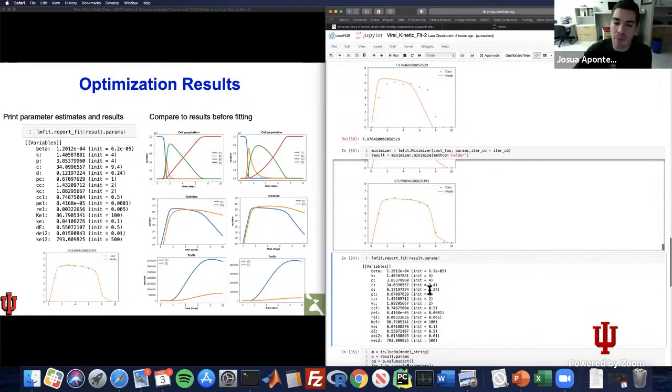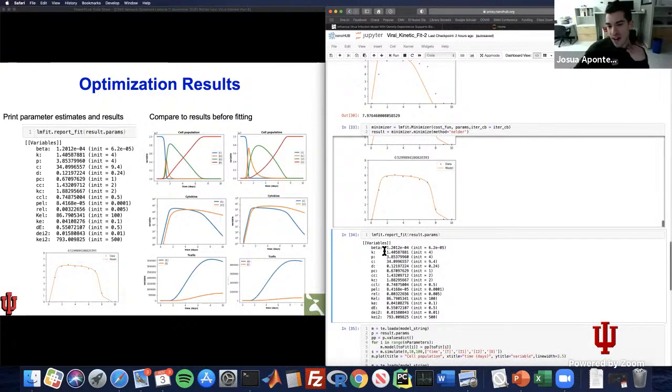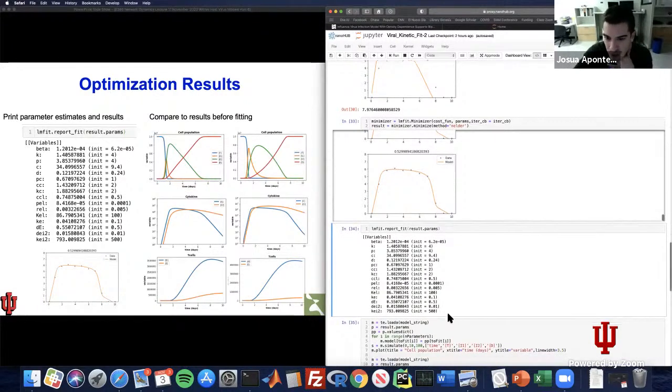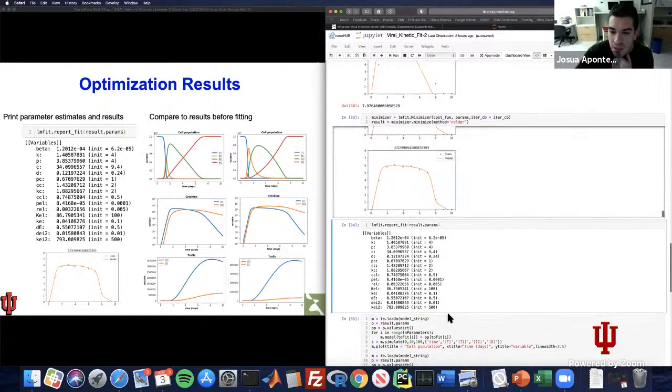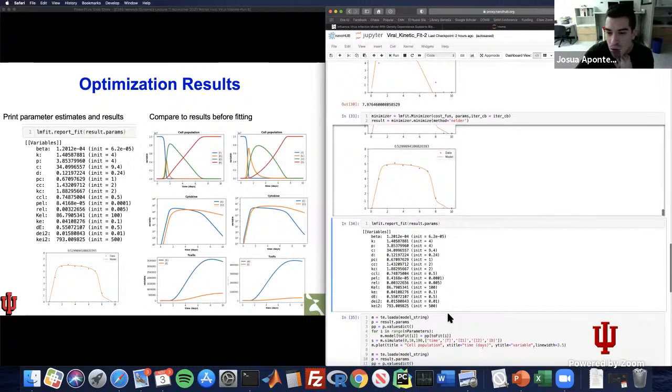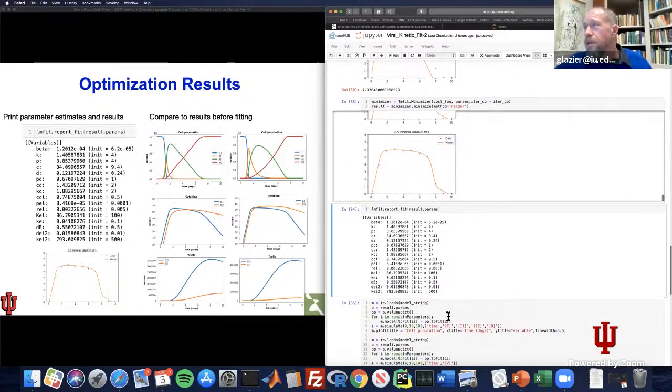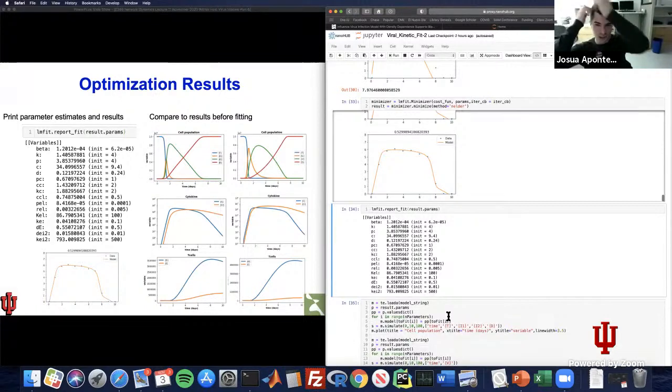And then the wrapper, which is called LMFit, is going to report the values of the parameters and your initial guesses. Let's compare them. Our beta value was much smaller, at least an order of magnitude smaller. The decay of the virus was small. Beta is only off by a factor of 2. Oh, right. I was looking at the exponent, but it's really just a factor of 2, right?